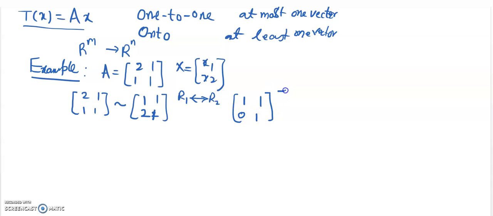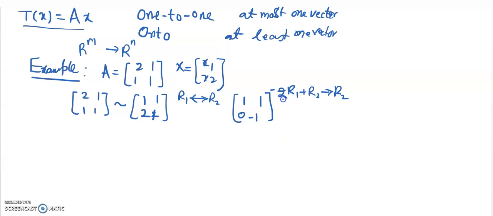So what we have done is -2 times row 1 plus row 2, that is the new row 2. So 2 minus 2 is 0, 1 minus 2 is -1 over here.